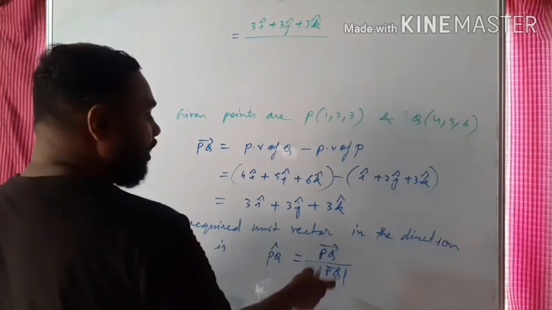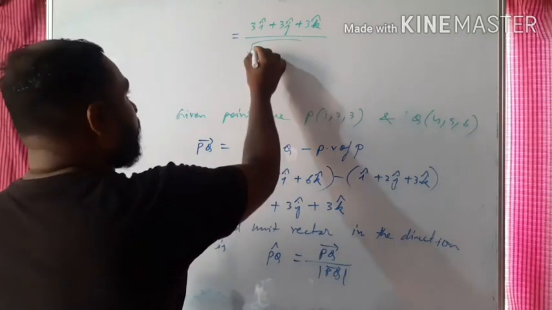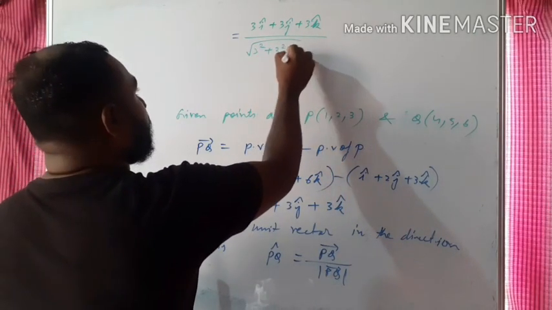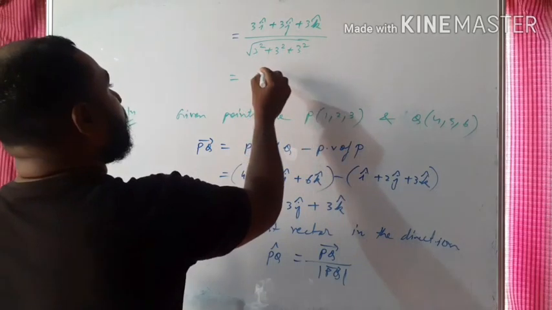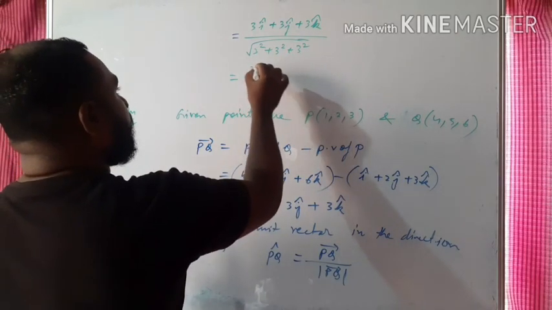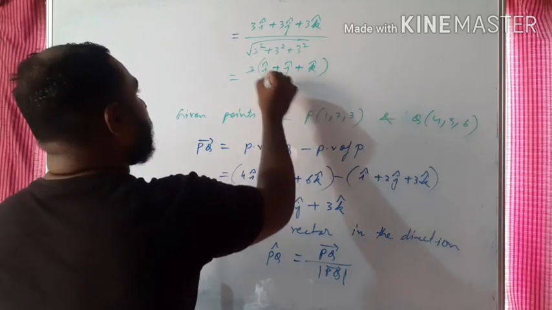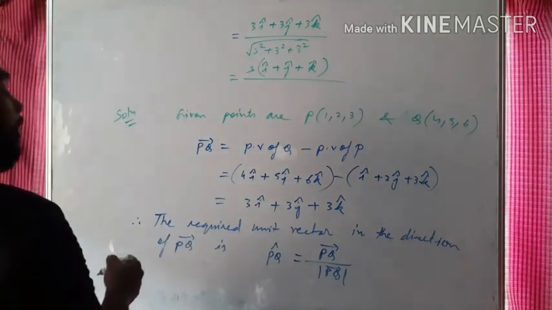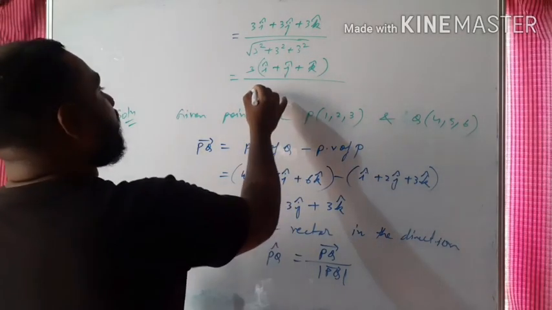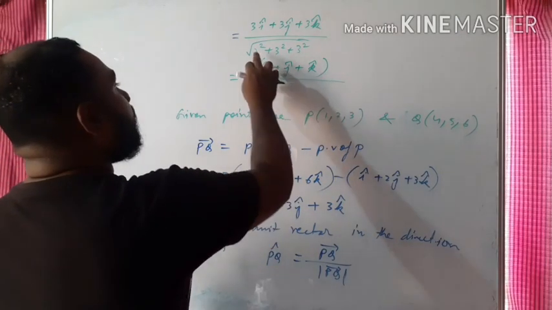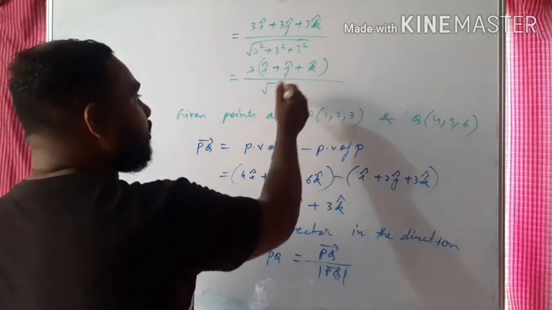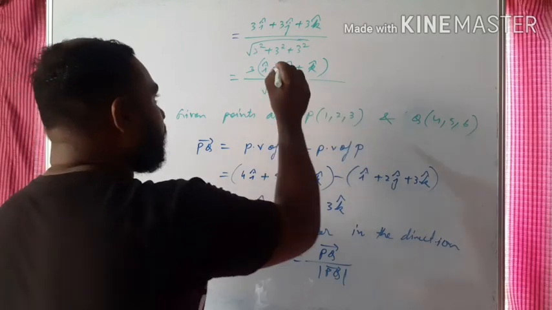Divided by the magnitude of the vector, which will be what? Square root of 3 square plus 3 square plus 3 square, isn't it? So let me take 3 common above. If I take 3 common, it will be 3 into i plus j plus k. And below, what will I get? I will get 9 plus 9 plus 9, that is 27.